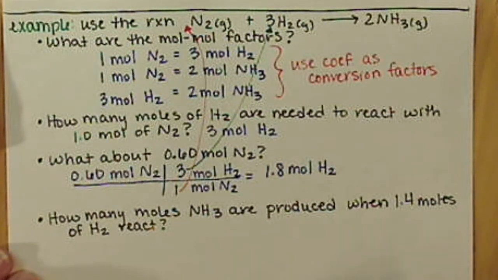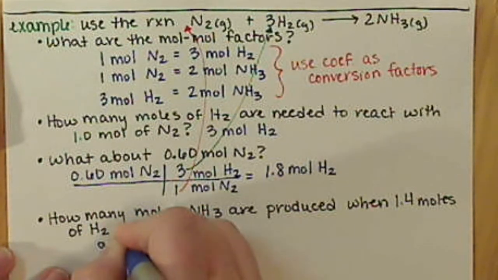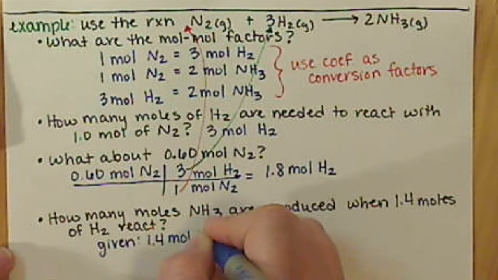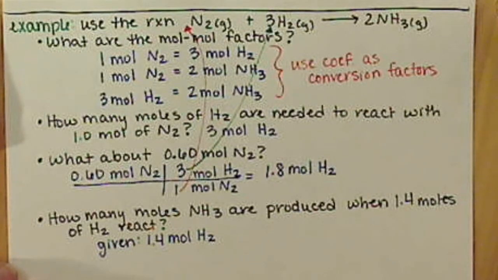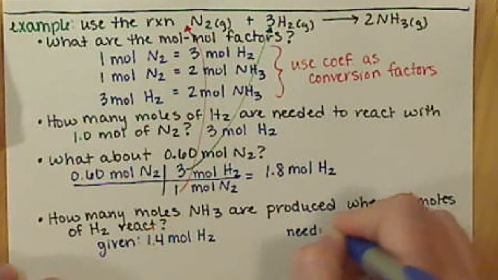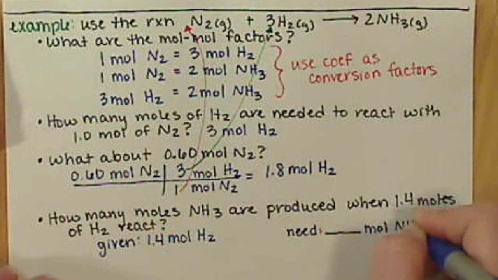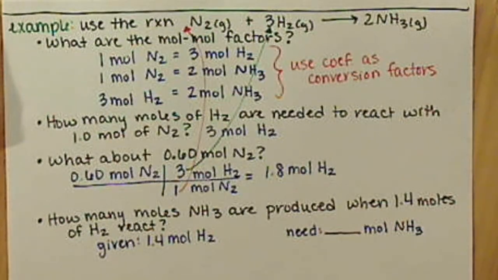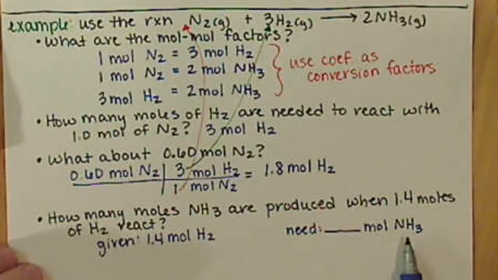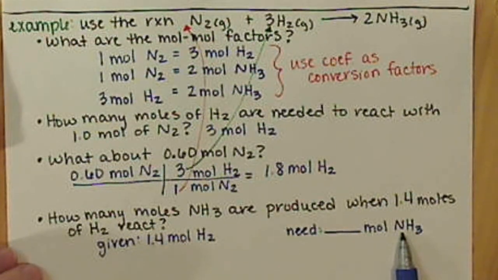All right, so we've been given 1.4 moles of hydrogen. We need moles of ammonia. Now, in any type of calculation from this point in the quarter on, anytime that you're starting with one component and moving to another, you have to use stoichiometry.